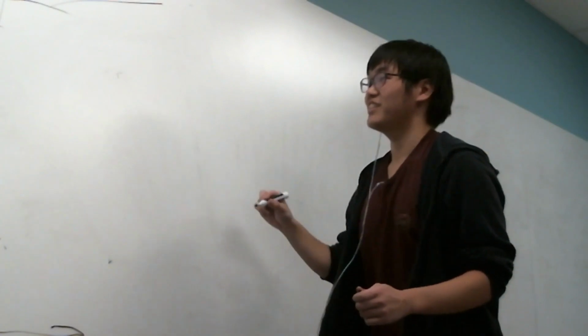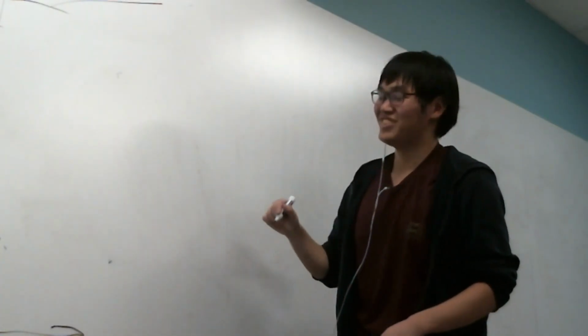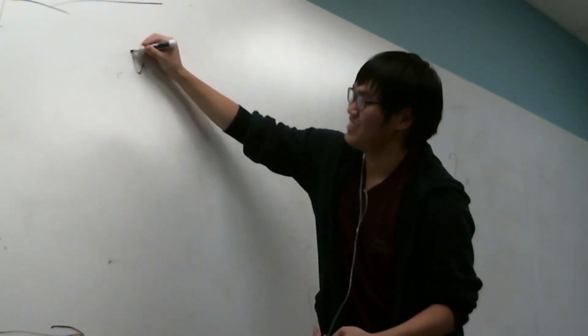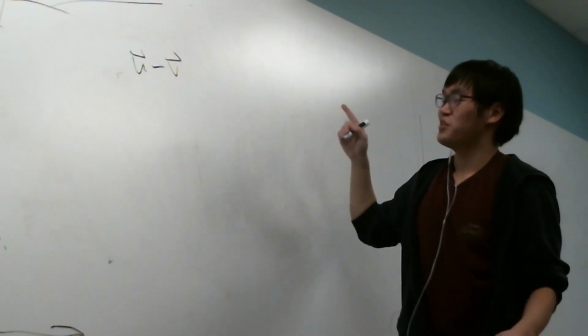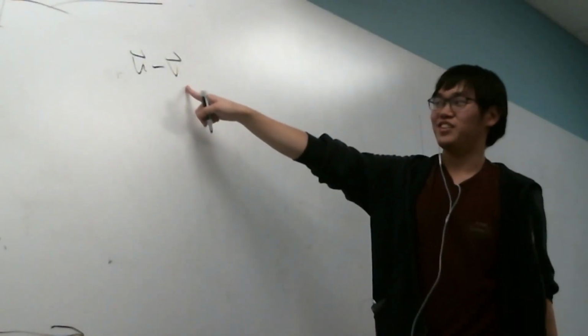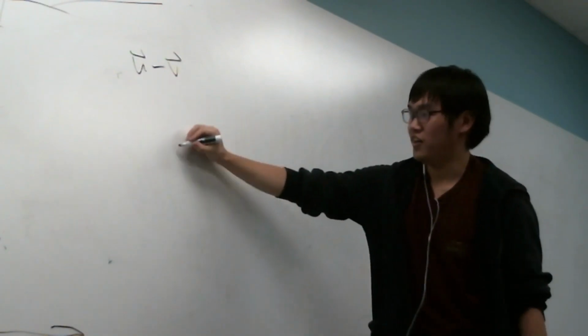So, vector difference. I'm kind of cheating because I need to introduce scalar multiplication first, but whatever. U minus V, what does this mean? Basically it's taking the components of V and subtracting them from the U components.